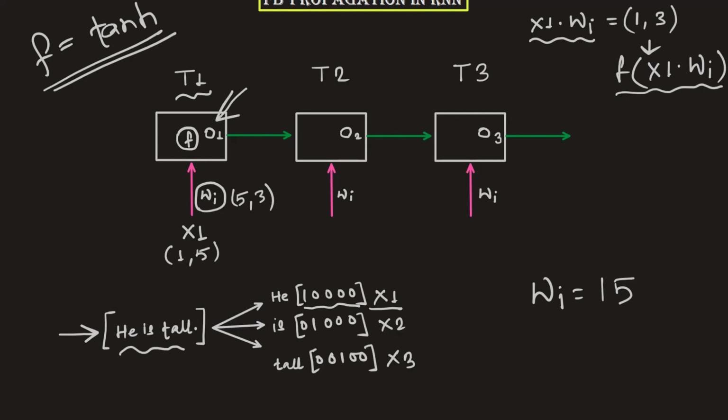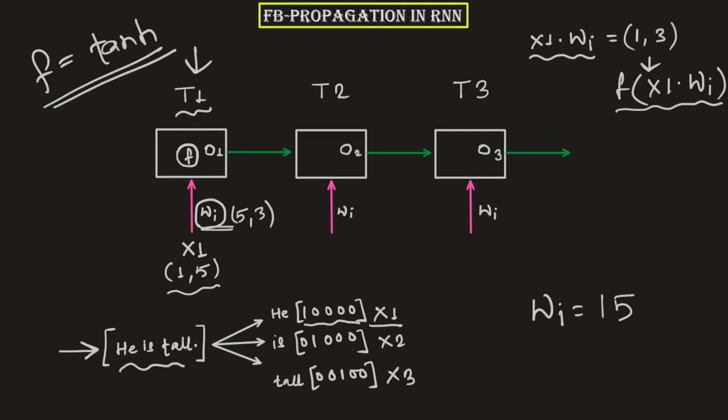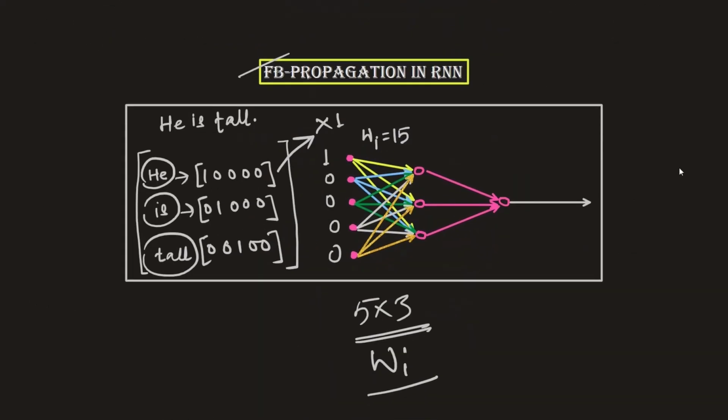So I hope that you have a proper understanding of what exactly is happening on the t1 timestamp. I'll start again. We take a vector of shape 1 by 5, which is x1, the first one. And then we have these weights, denoted here by wi, which I have already shown you on the figure, the connections between the input layer and hidden layer.